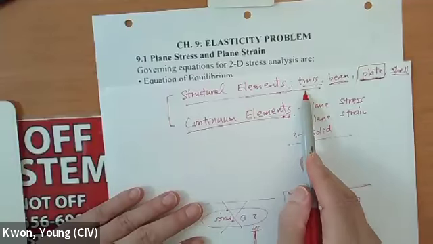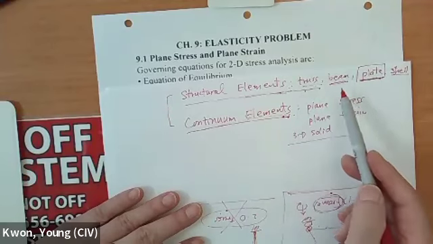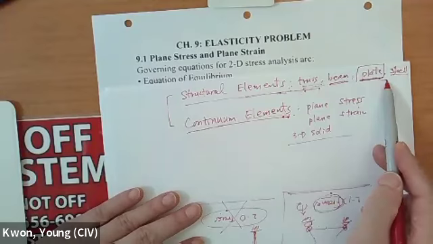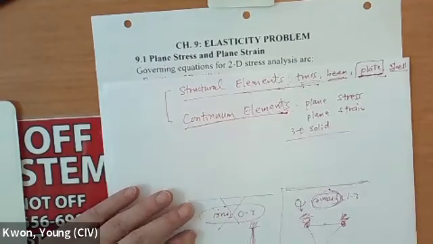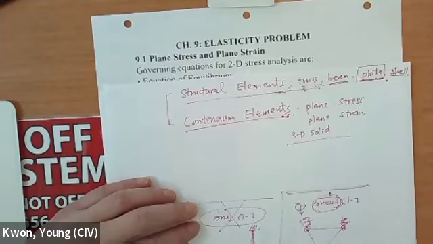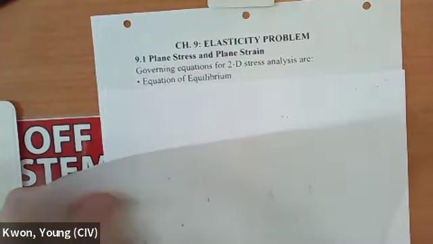Because that's going to be good enough, simple, but produce reasonably accurate solutions. So we use that. Then what is the difference between the two? The main difference is going to be equilibrium. Equilibrium means the summation of force equals 0 or summation of moment equals 0. That's equilibrium.